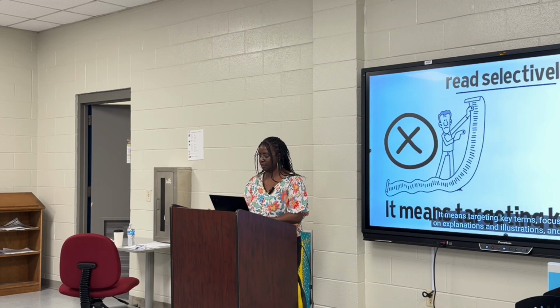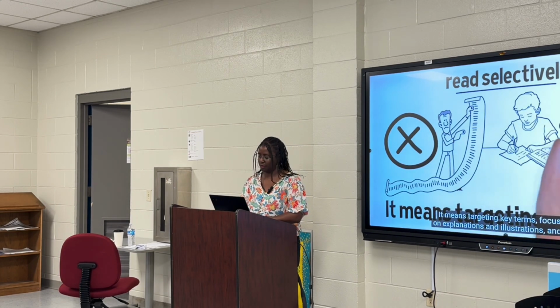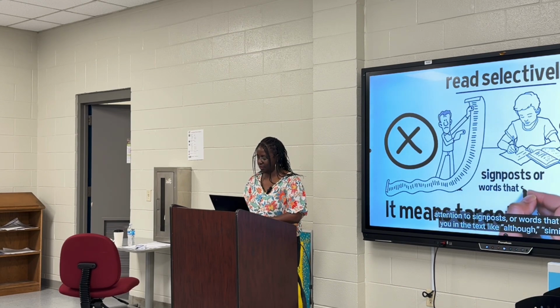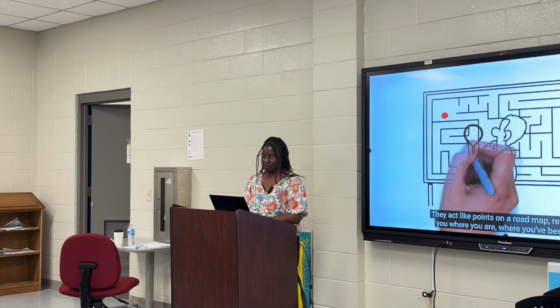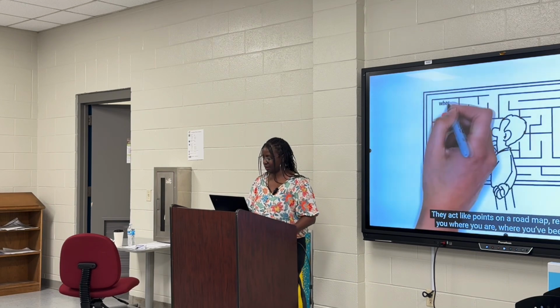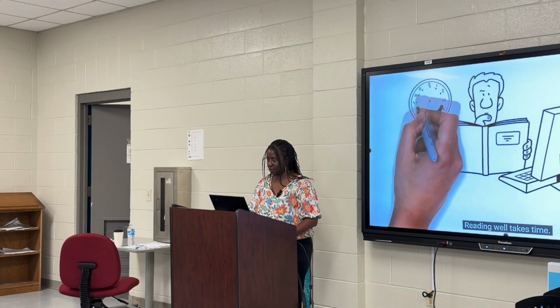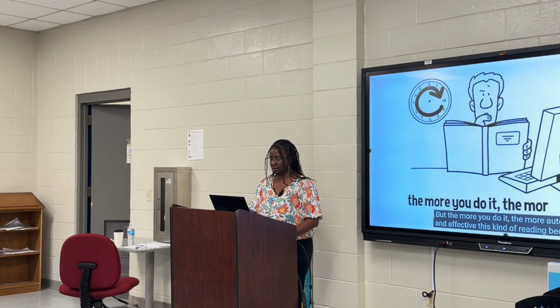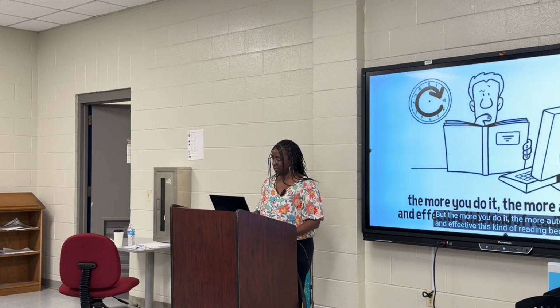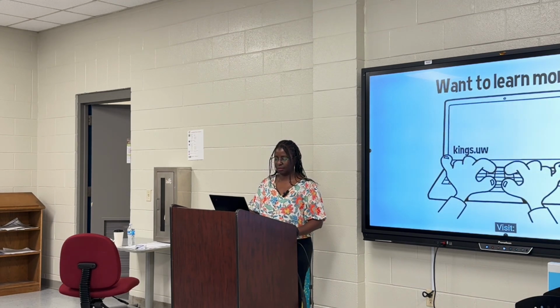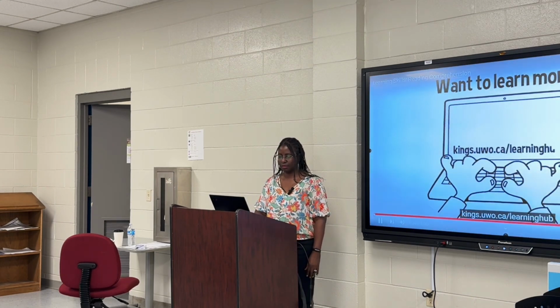It means targeting key terms, focusing in on explanations and illustrations, and paying attention to signposts or words that situate you in the text, like although, similarly, and therefore. They act like points on a roadmap, reminding you where you are, where you've been, and where you're headed. Reading well takes time, but the more you do it, the more automatic and effective this kind of reading becomes. Want to learn more? Visit kings.uwo.ca/learning hub.